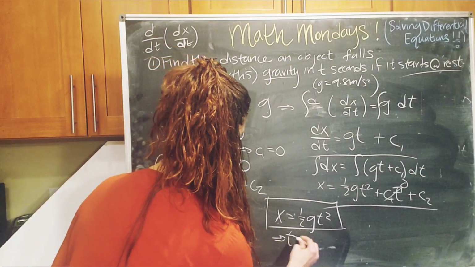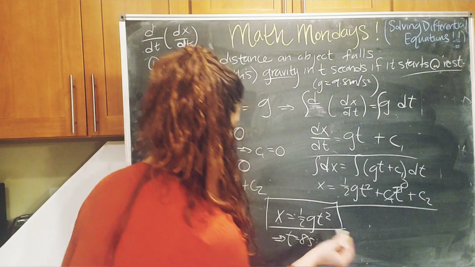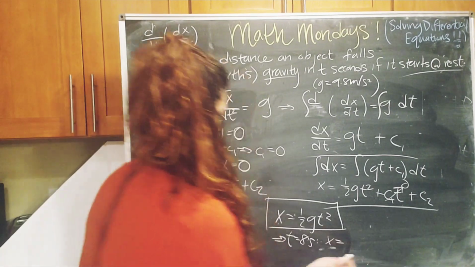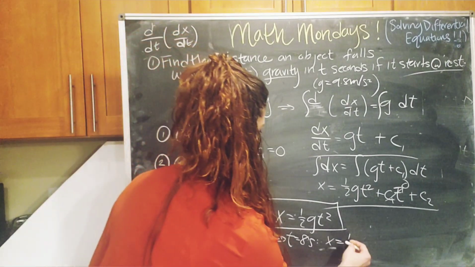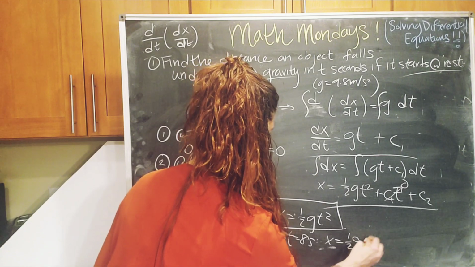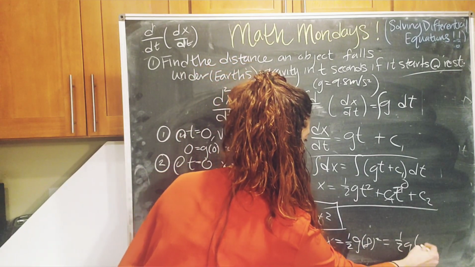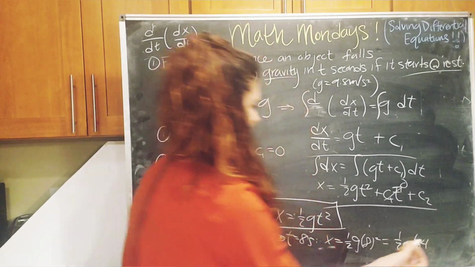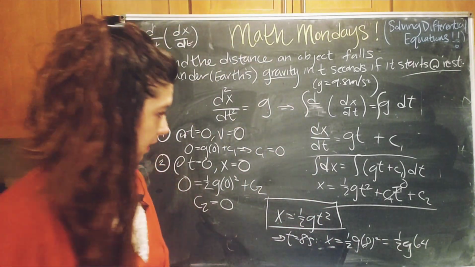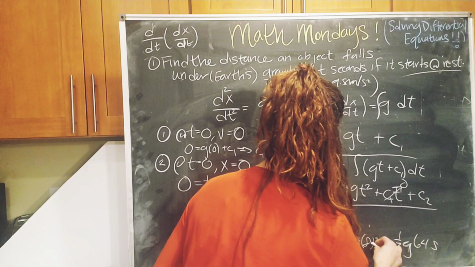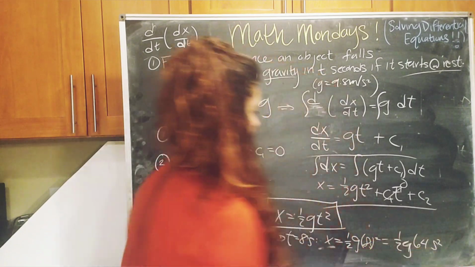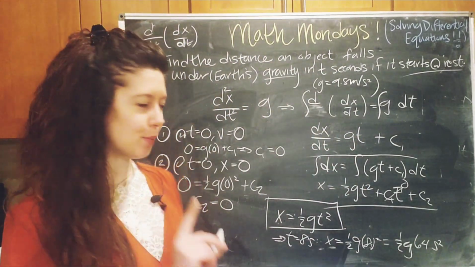So at t equals 8 seconds, maybe you would have this in meters. So we're going to say 1/2 g times 8 squared equals 1/2 g times 64. And that actually would give you, sorry, this is going to be seconds, my bad. So that's going to be seconds squared because we're doing an applied problem.